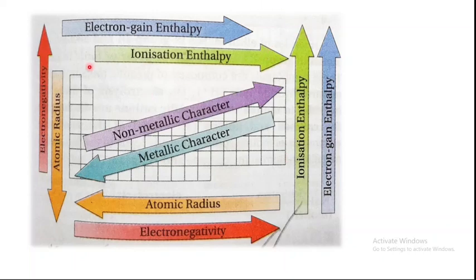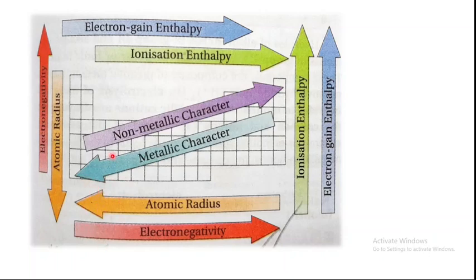As we move down the group, electronegativity decreases because of the increase in atomic size, atomic radius, as well as the magnitude of the nuclear charge increases down the group. But the effect of increased nuclear charge on the outer electron is mostly counterbalanced by the screening effect of the larger number of inner electronic shells.